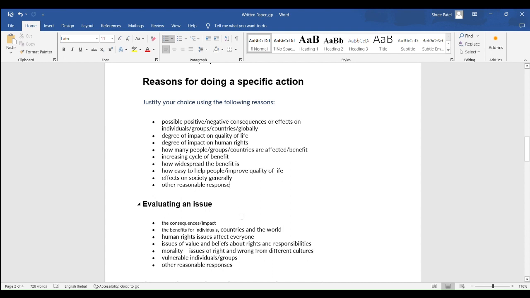You can also tell the consequences or the impact and benefit for individuals, the country and the world. Human rights issues affect everyone. Issues of value and belief about rights and responsibility. Morality, issues of right and wrong from different perspectives. Vulnerable individuals and groups, and other reasonable responses are also valid.